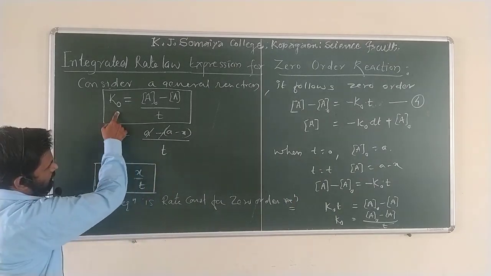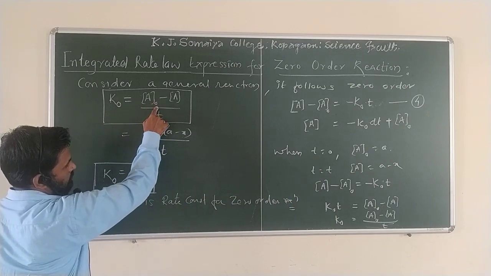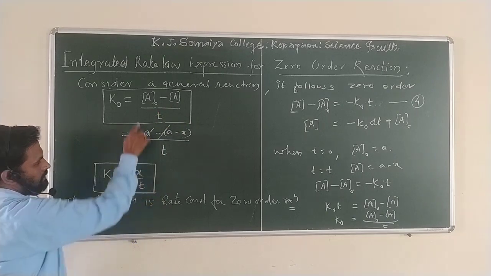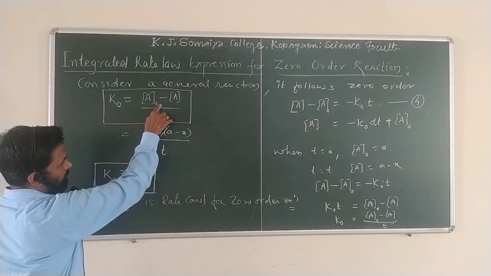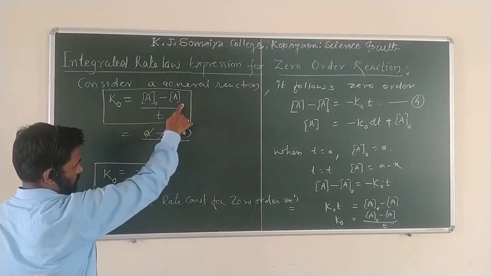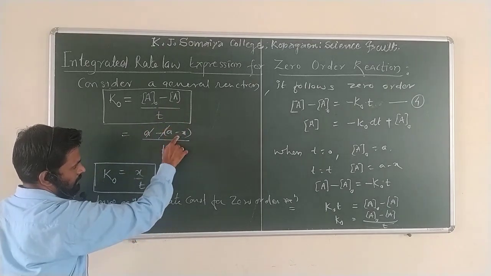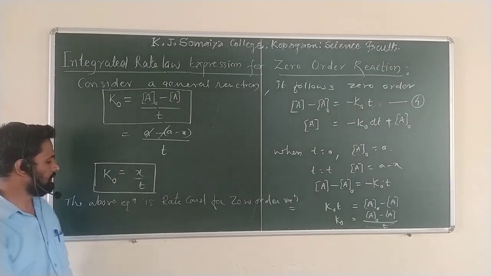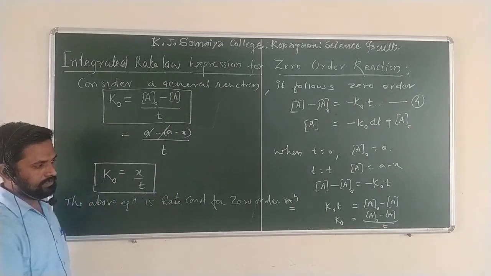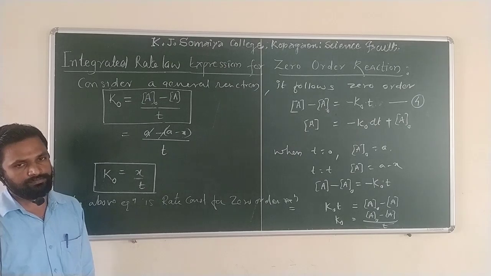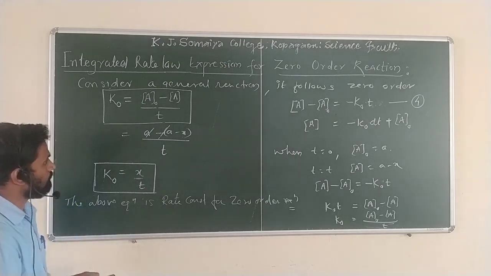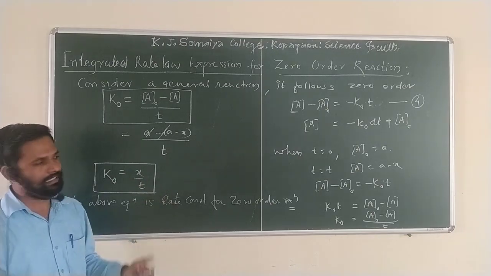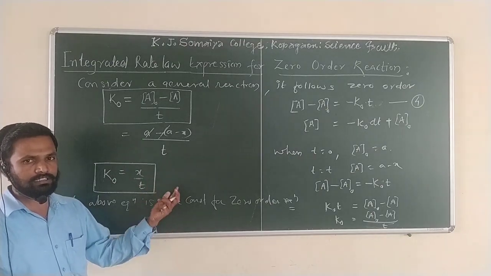It means K0 equals A0 minus A divided by t, and we just put the values of A0 as A and the concentration at time t as A minus x. Simplifying, you get K0 equals x upon t. This is called the rate constant for a zero order reaction. Now we have to see the graphical representation as well as the half life of the zero order reaction.